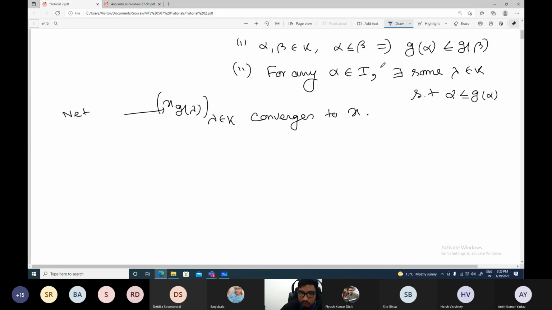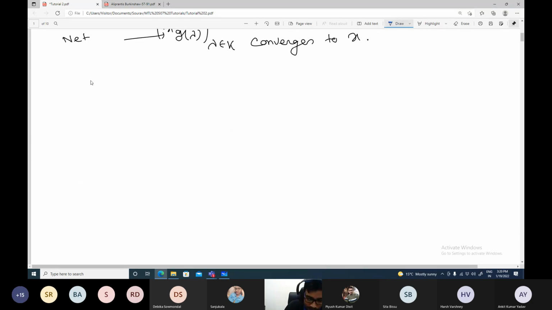So it is given that the net x alpha converges to X, and we have to prove that X of G alpha also converges to X. So what do we take?